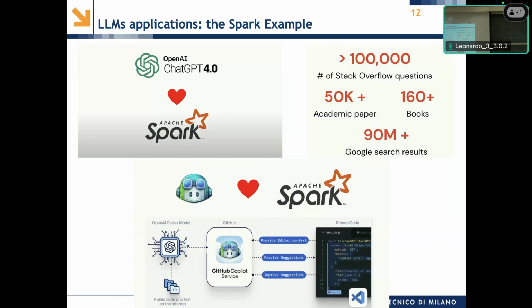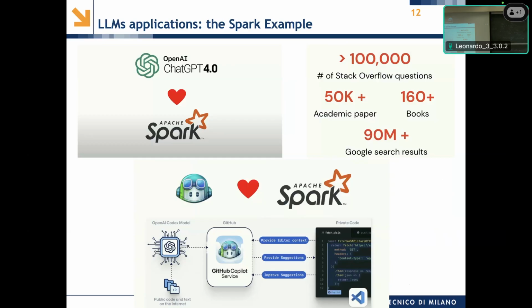Okay, so here, Spark. Who is familiar with Spark? Nobody? Few? Okay, that's few. Spark is, as I told you yesterday, and we will probably go back to this today too, the reference engine for big data today.